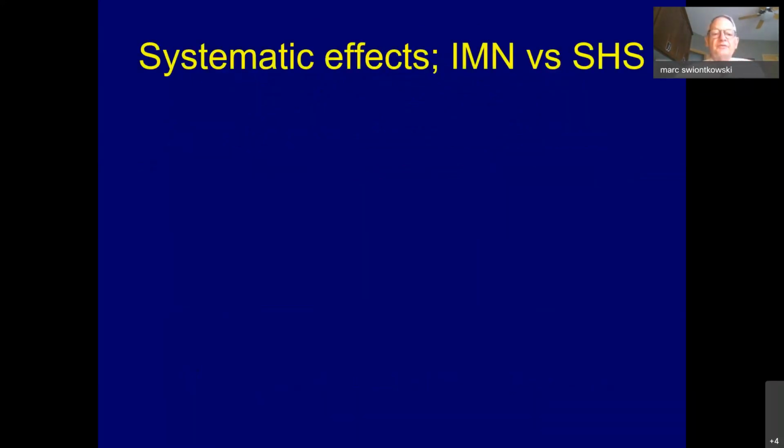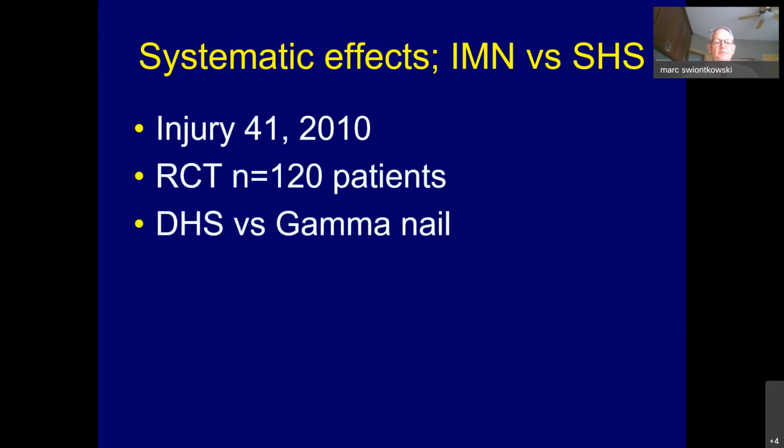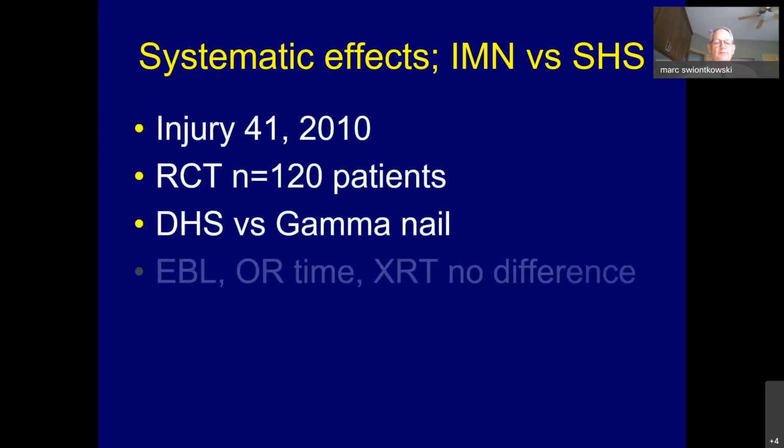So there's also been some consideration of the systemic effects on the lungs by placing an intramedullary device versus a sliding hip screw. This is a publication some 11 years ago, in Injury, with a randomized controlled trial in 120 patients, sliding hip screw versus a short intramedullary nail.